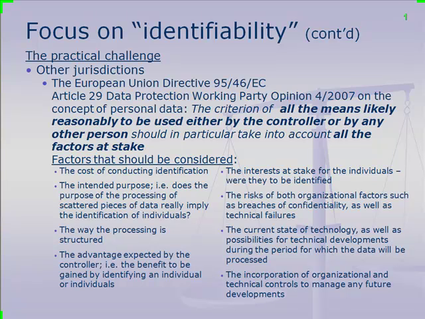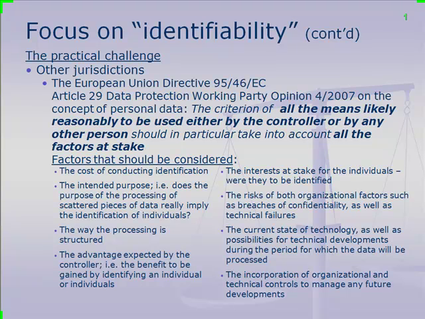Okay, so in the European Union, there's this working party. I'm not sure that it's important to know who these folks are, but in any event, they're an independent advisory body on data protection and privacy. But they published in 2007 an opinion on the concept of personal data.